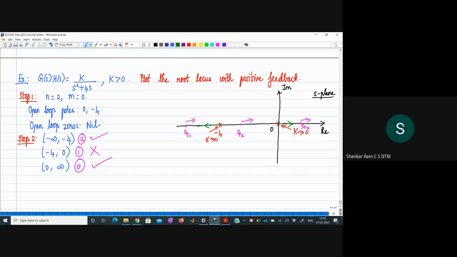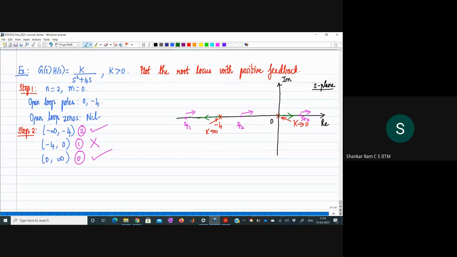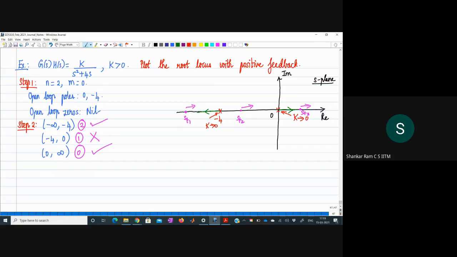The reason for this trend is that, as we already argued, since we have a non-repeating open loop pole on the real axis, there can be only one branch. Obviously, that branch cannot go on the complex plane. It has to go on the real axis. So the branch from -4 can only go to the left, and the branch from 0 can only go to the right, based on step 2. That is the idea.